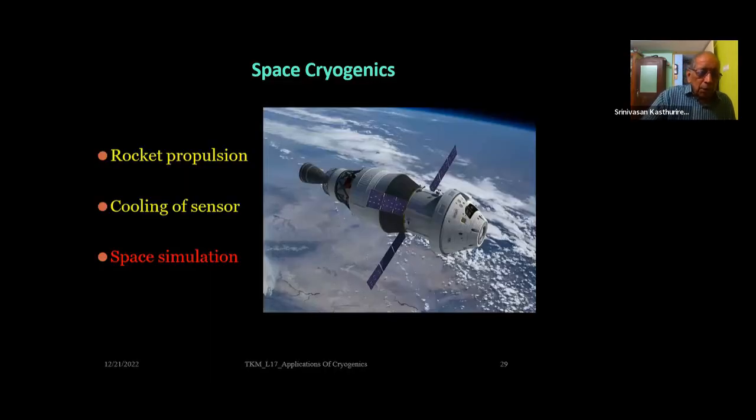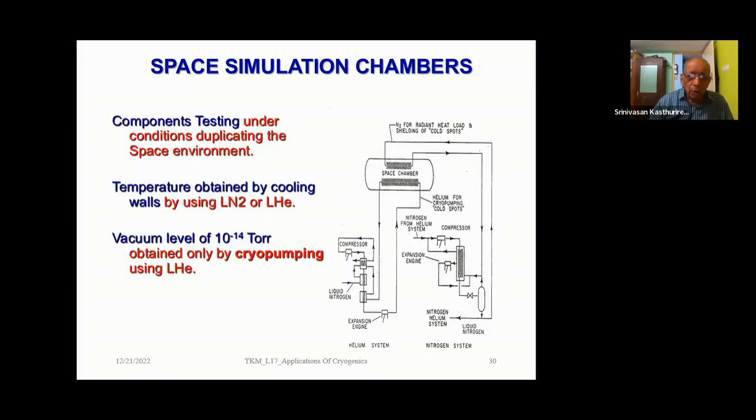Now we talk about the space simulation. Okay, what is space simulation? How is space simulation taken care of? What happens in space simulation like this? You have a satellite, etc., which is developed in the lab, but these satellites have to be put in space.